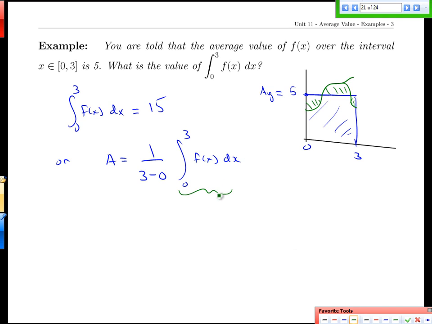This is what we want to find. We know that this is equal to 5, and so we get 5 times 3 is the integral from 0 to 3 of f of x dx, and that, of course, is just 15. For a lot of the questions in the assignment, though, it really helps to have this graphical sense as well as the purely calculational approach to dealing with average values.